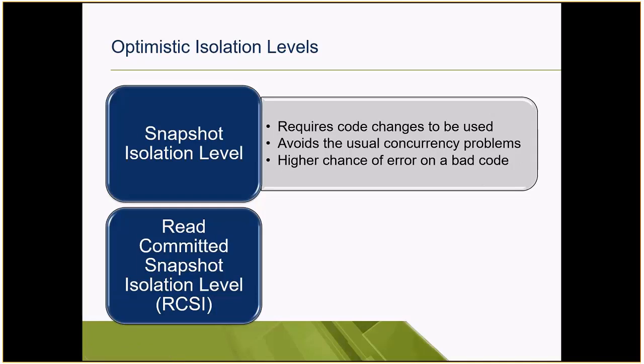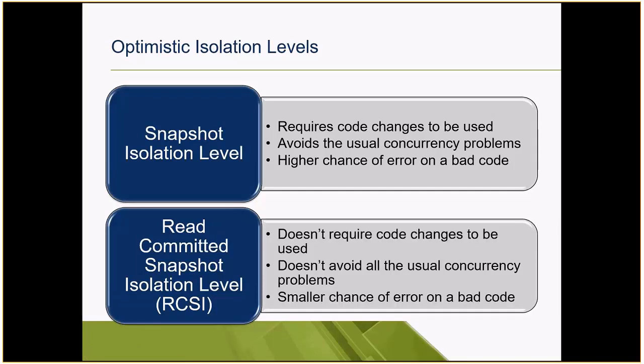However, we have a different type of optimistic isolation level called read committed snapshot isolation level, RCSI. This second isolation level doesn't require code change to be used. This is very, very interesting.